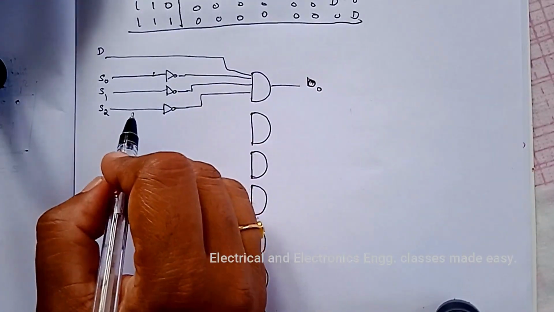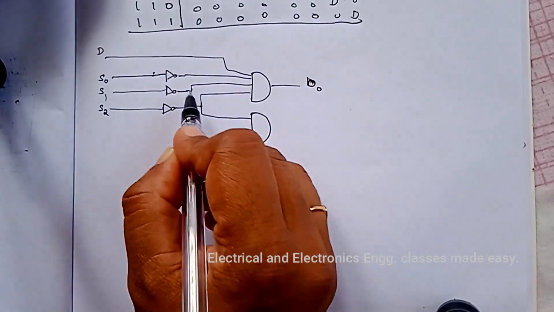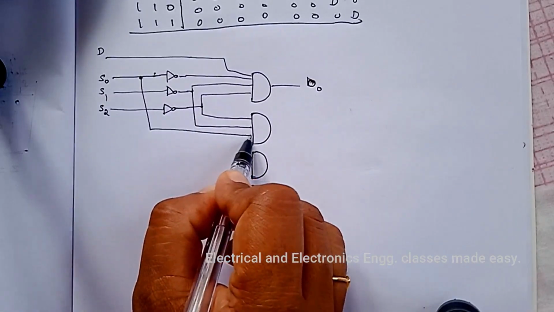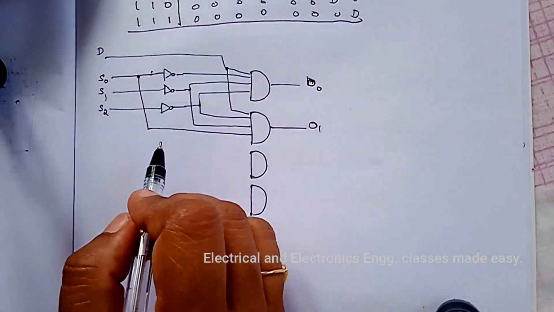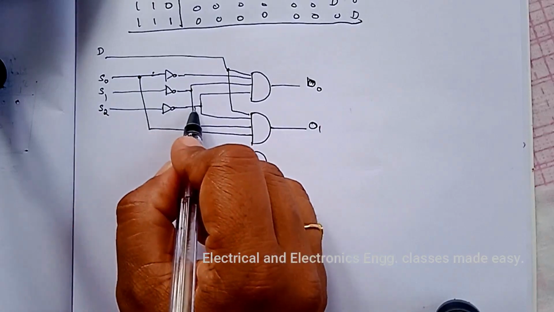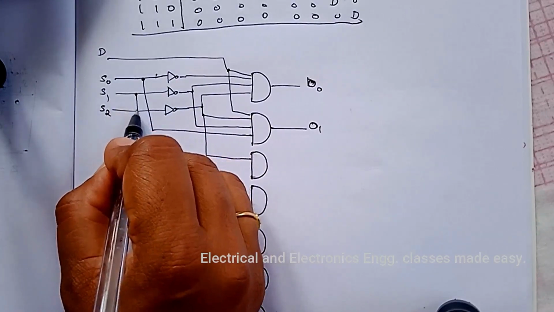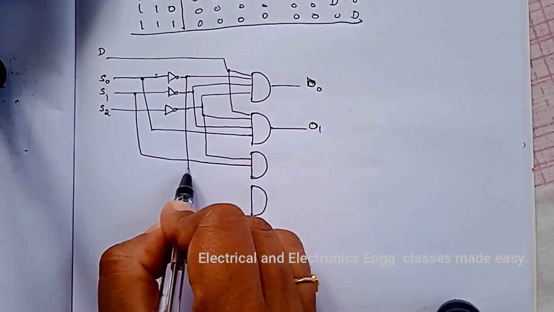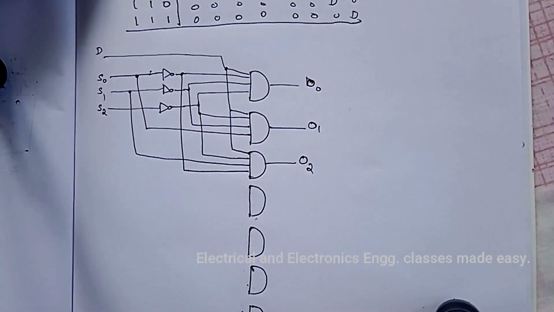Then in the second case 0, 0, 1, then the data will be in the O1 line. Next is 0, 1, 0. The data will be in the O2 line. So in this way we can draw every AND gate.